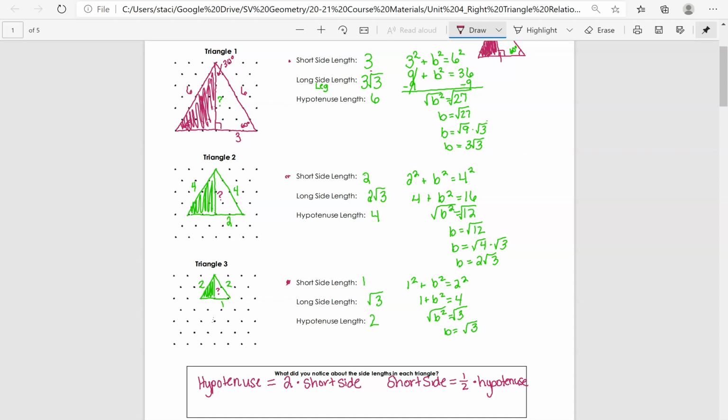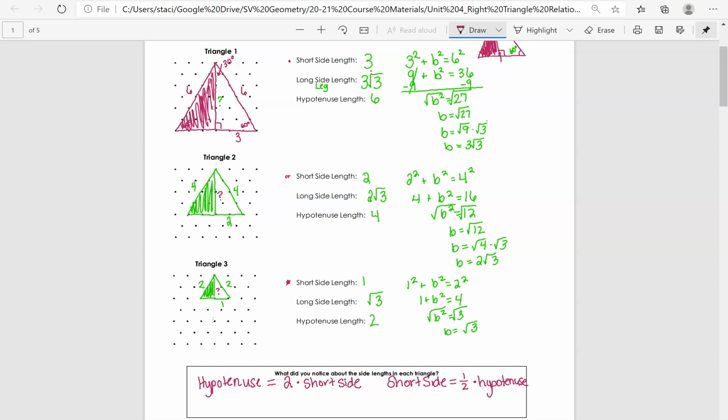So let's take a look at that longer side. So you may have noticed that the longer side, every single one of them has a square root of 3. And then I don't know if you noticed this, but if you look at the number in front of that square root 3, where else do you see that with your lengths?